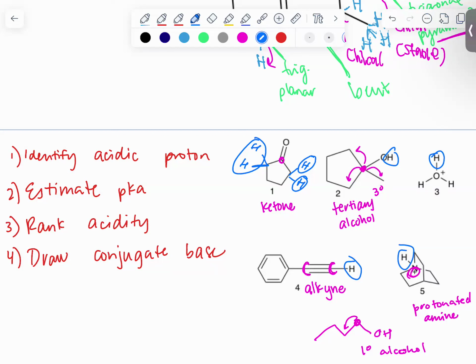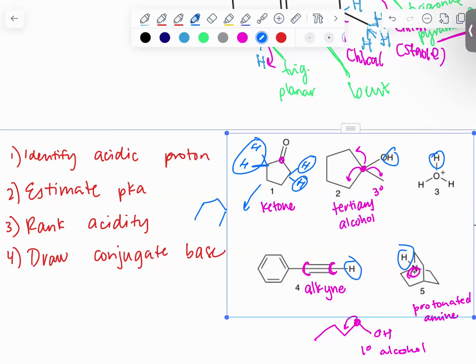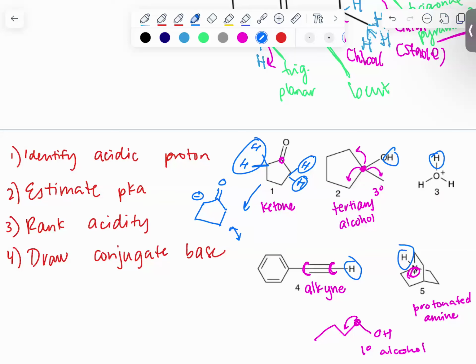So when we pull off the proton, and this is kind of getting into part 4 with the conjugate base, immediately when you pull it off, it looks like that, but it has resonance to look like this, and that resonance makes it stable.